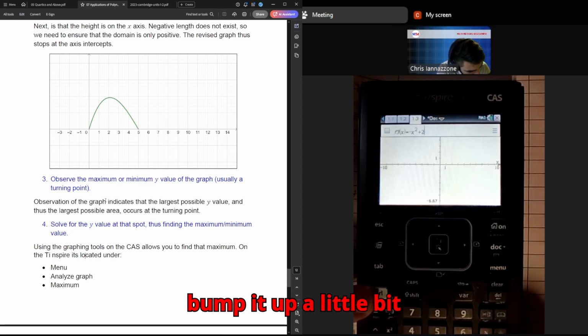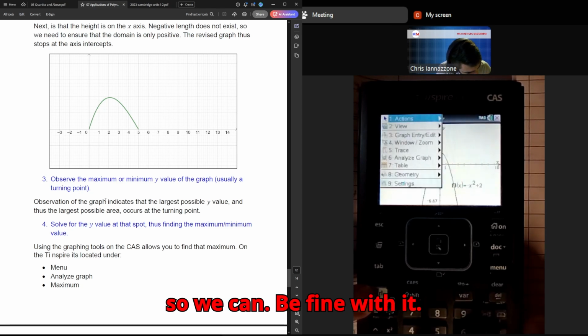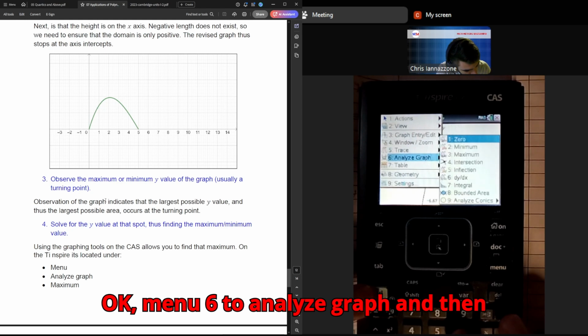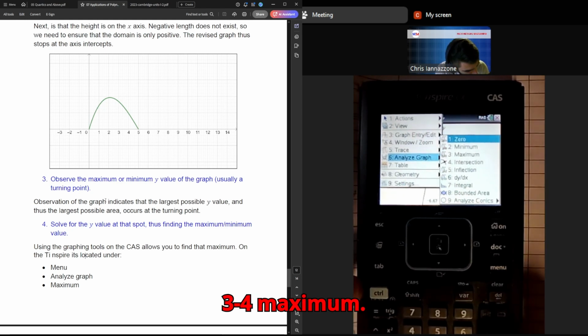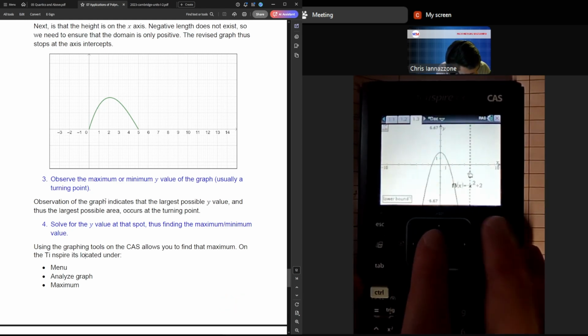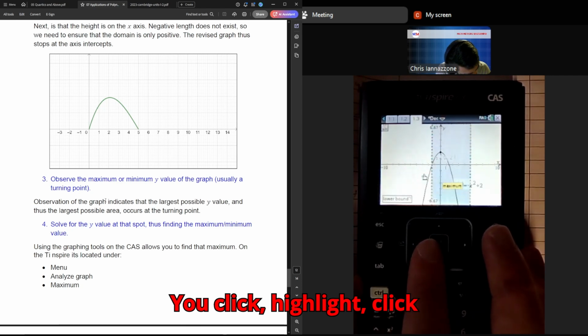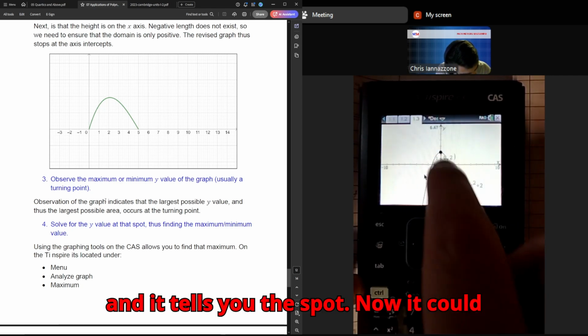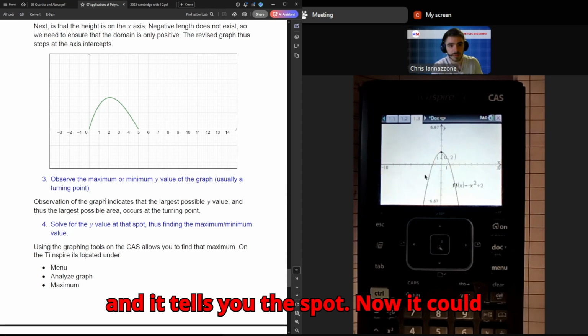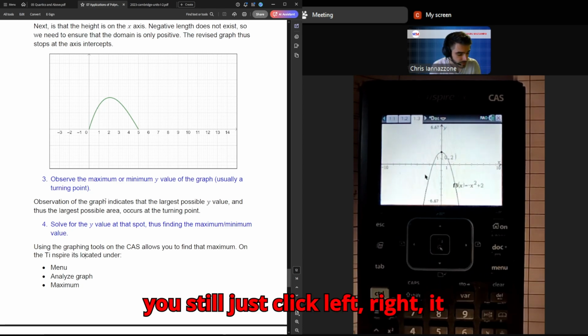We'll even bump it up a little bit. Menu 6 for Analyze Graph, and then 3 for maximum. You click, highlight, click, and it tells you the spot. Now, it could be way more complicated than that, but you still just click left, right, and it tells you the spot.